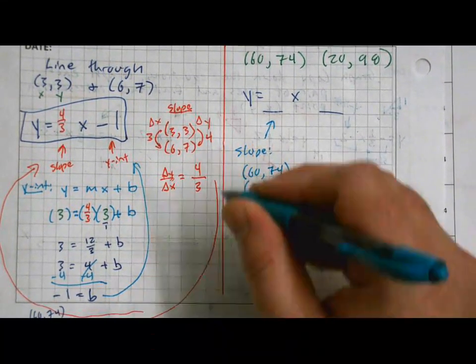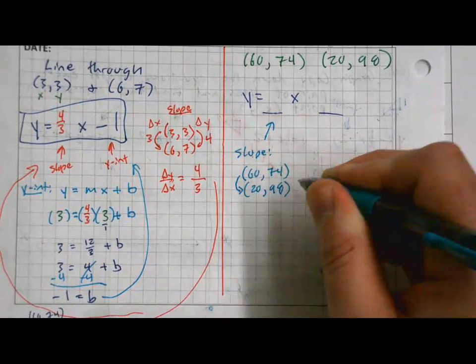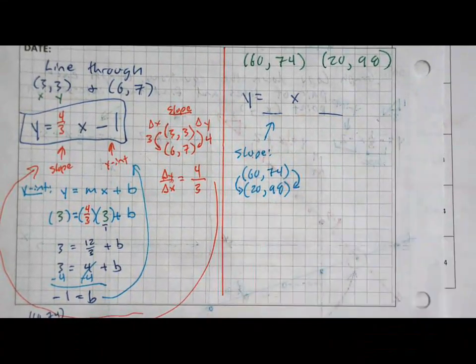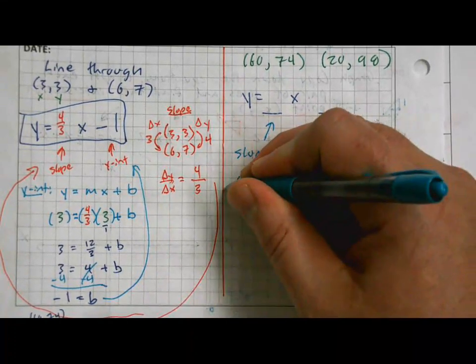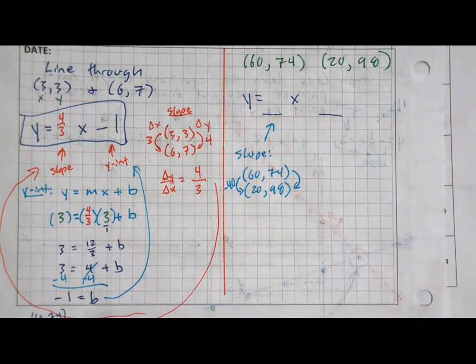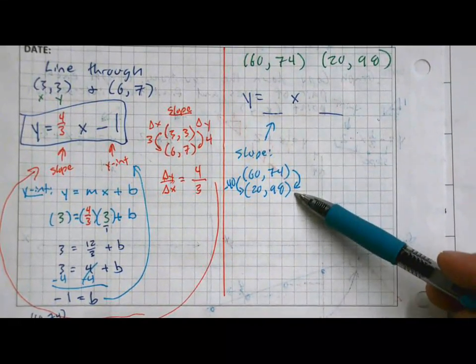Figure out what your change in x and your change in y are. I think change in x is negative, isn't it? To go from 60 to 20, we'd have to subtract how much? 40? That one I can kind of do in my head. This one, it's a little early in the morning for that.